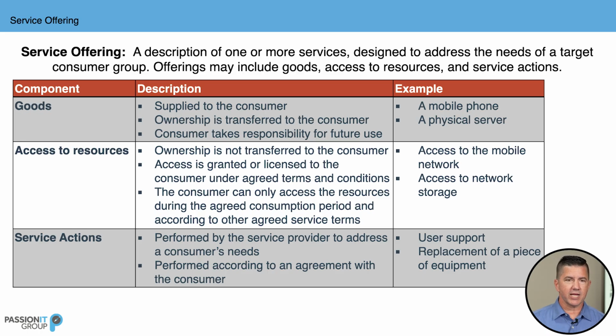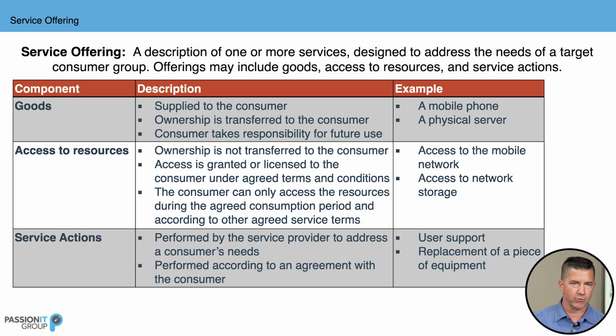Now, the thing is that it has to be addressed to the needs of the target consumer group. So if you take a look at our options that we can see over here, we have goods, access to resources, and service actions. And so let's break these down and then give you a couple of examples of what this might look like. First off, goods are the components that are transferred to the customer.